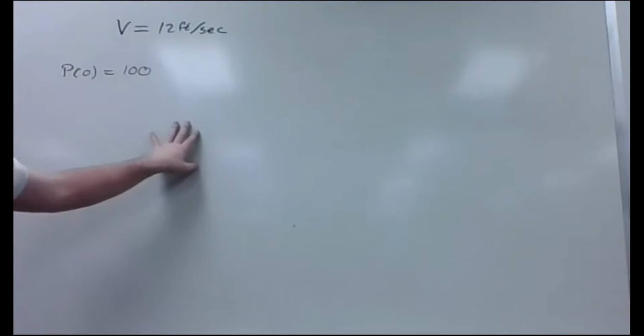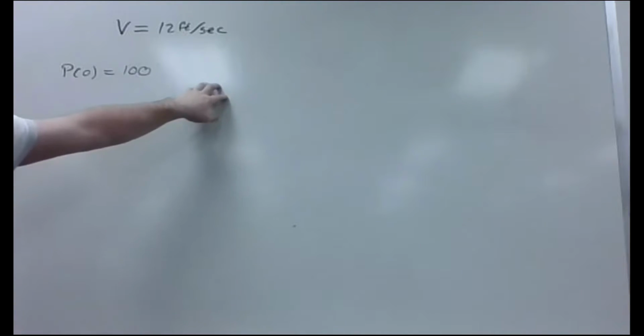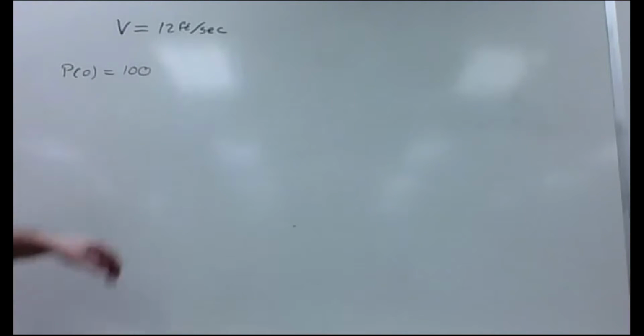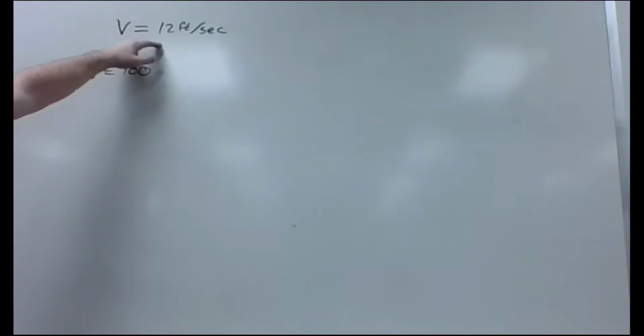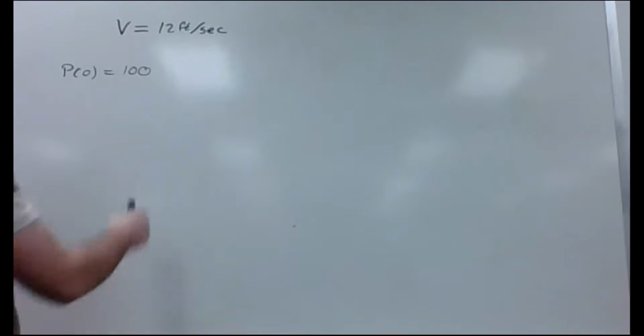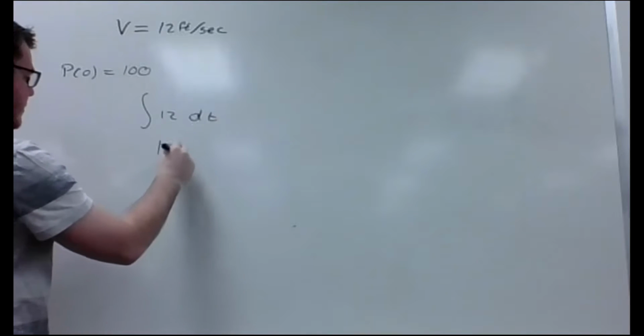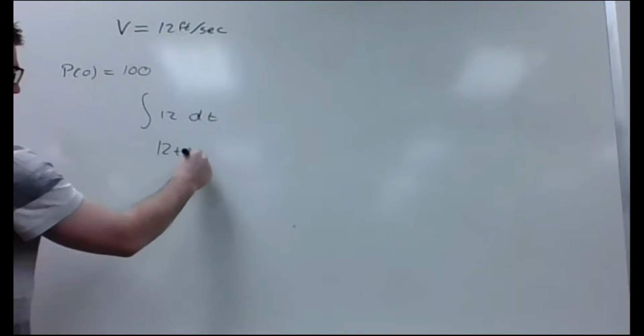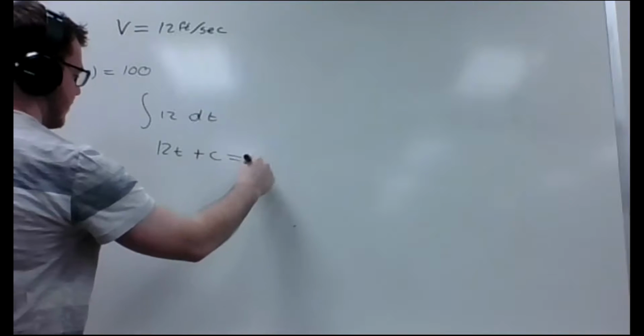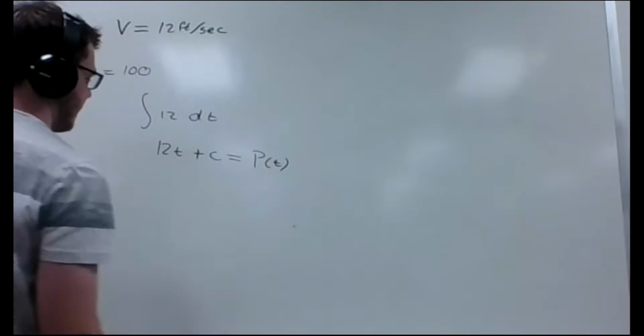What's our position function? Well, the integral of velocity is position. So we're just going to take the integral of this 12, and we're going to get 12t plus c is equal to position with respect to time.